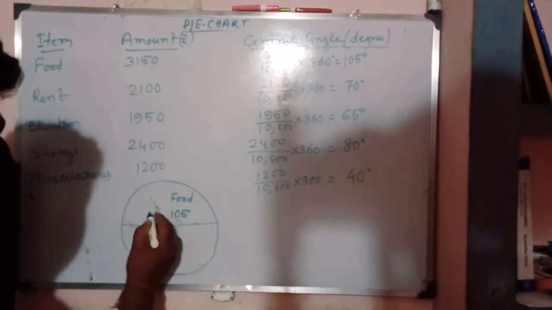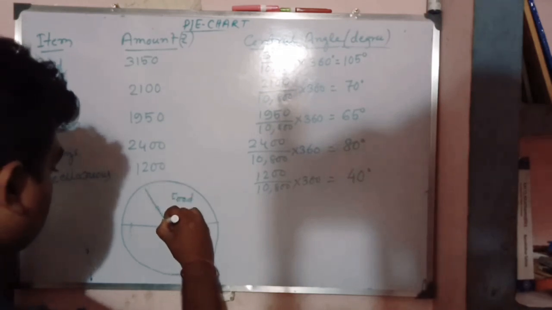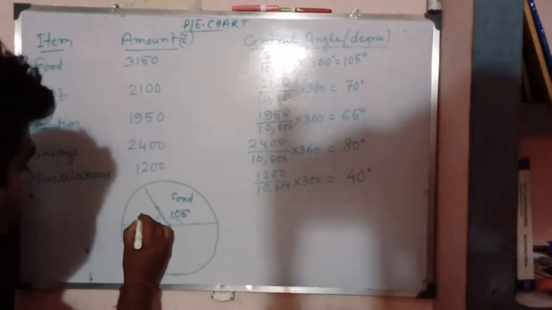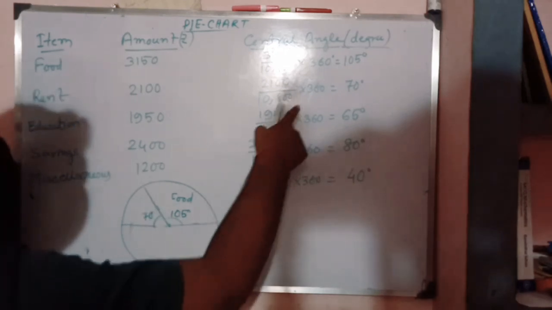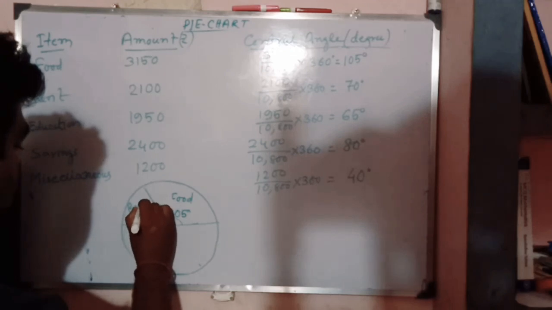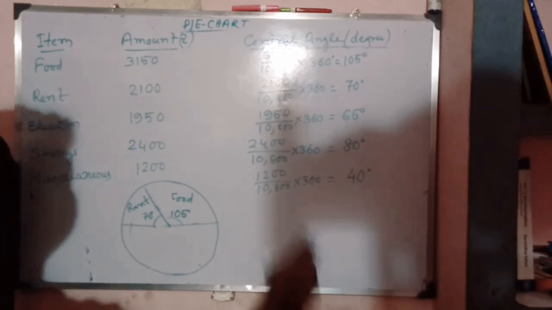Erase it. We have to draw a straight line. So this is 70 degree. This is for which purpose? Rent. This is for rent. Understood? Next, we have to draw 65 degree.